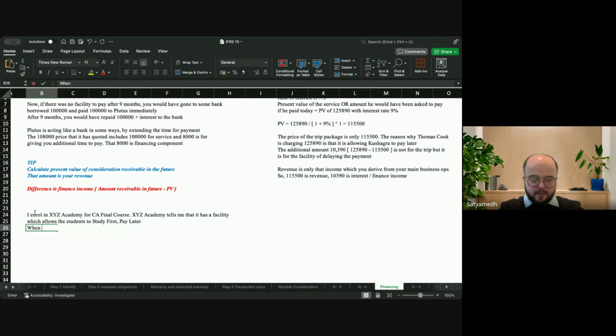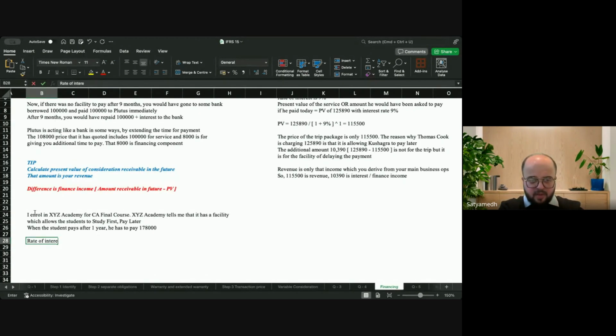And when the student pays after 1 year, he has to pay 1,78,000. Now, the student is paying after 1 year, and has to pay 1,78,000.